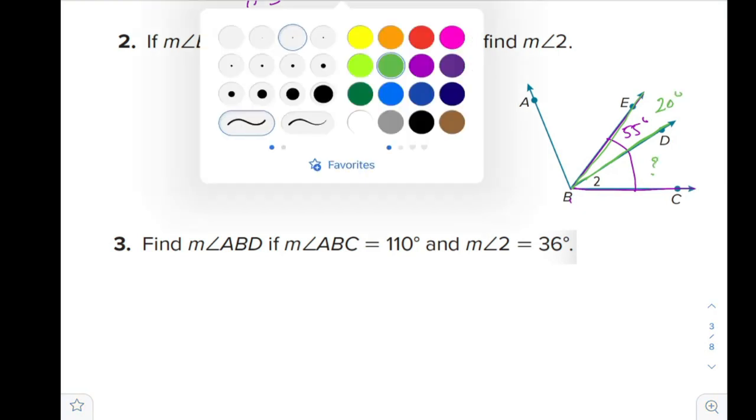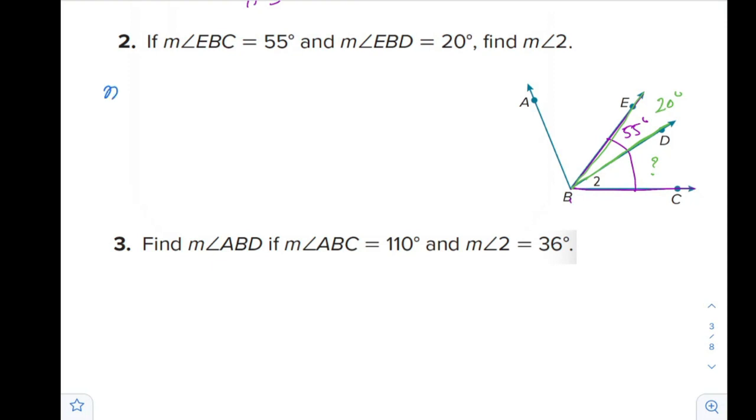It is very clear here that the measure of angle EBD plus the measure of angle DBC is equal to the total, which is the measure of angle EBC. The measure of angle DBC is the same as angle 2 he is asking about.